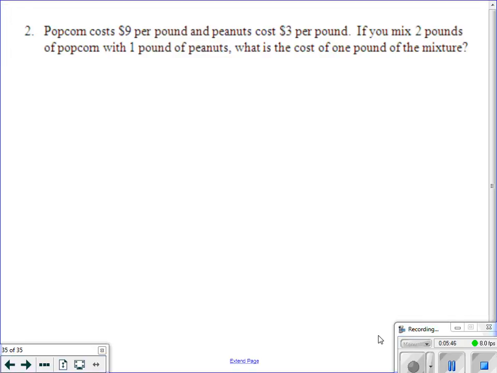All right, let's look at the next example, and this is the last example we'll go through for this lesson. We've got popcorn that costs $9 per pound and peanuts that cost $3 per pound. We're going to mix 2 pounds of popcorn with 1 pound of peanuts. What is the cost for 1 pound of the mixture? I'm going to look at popcorn first.